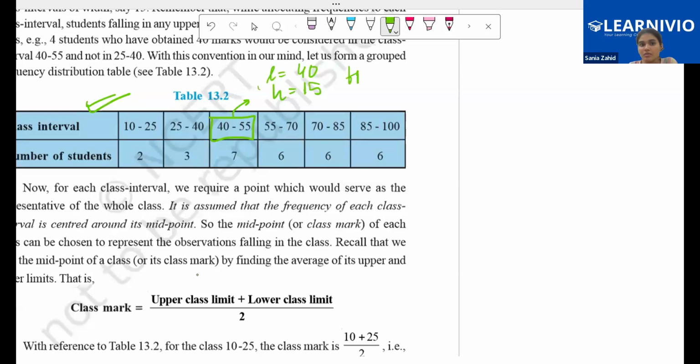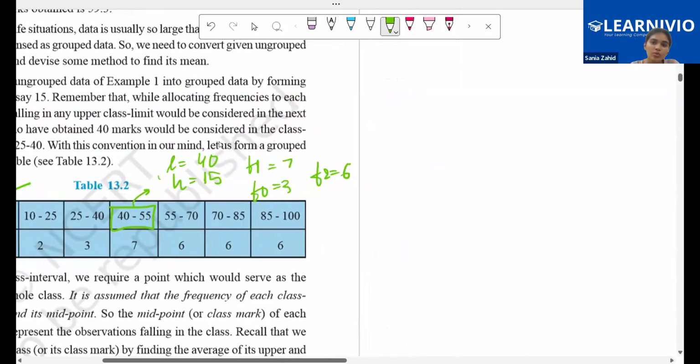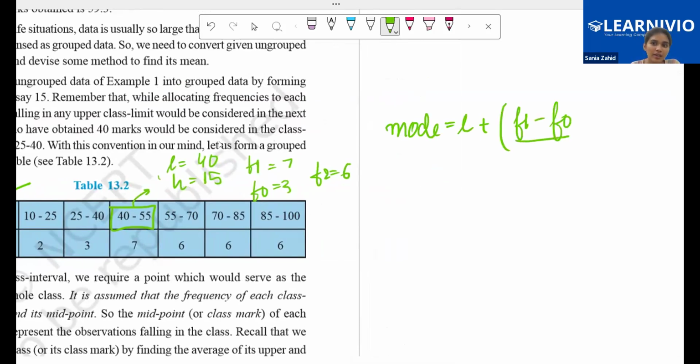Then f1 is 7, f0 is 3 and f2 is 6. Your formula was mode is equal to L plus (f1 minus f0) by (2 f1 minus f0 minus f2), into height.